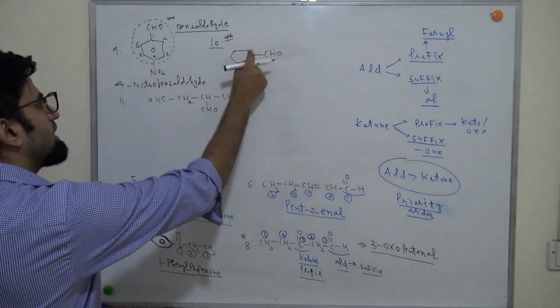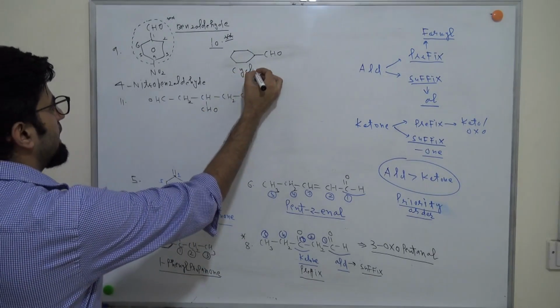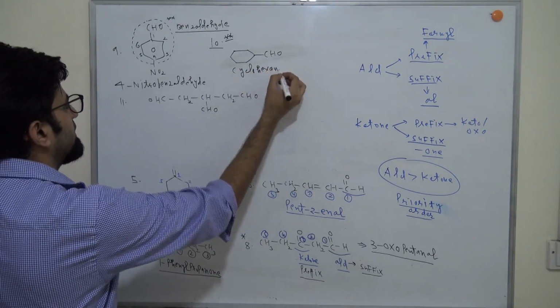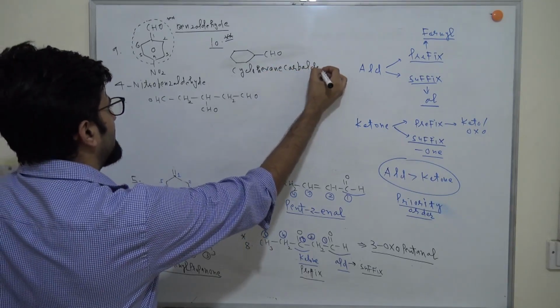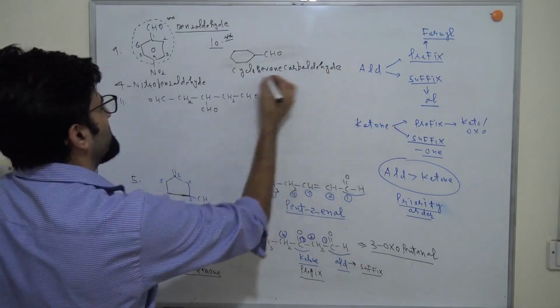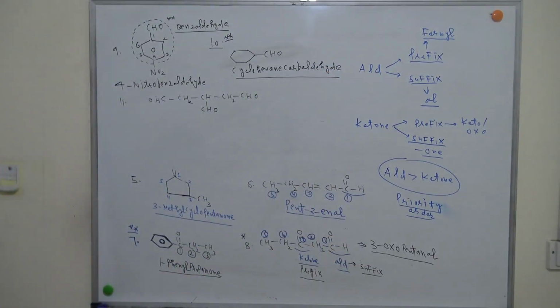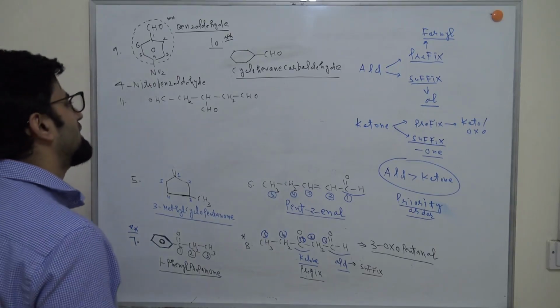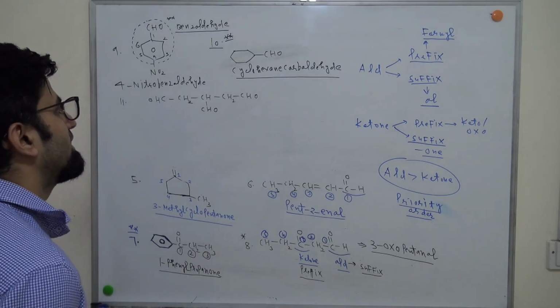Okay, so if CHO is attached directly like this, the name is, let me tell you first, cyclohexane carbaldehyde. When CHO cannot be taken as a main chain, then we use cyclohexane carbaldehyde. We use the special name carbaldehyde.